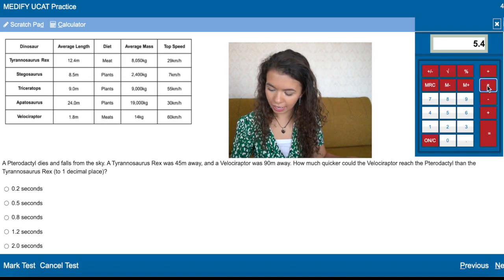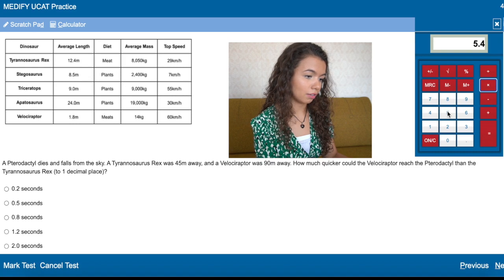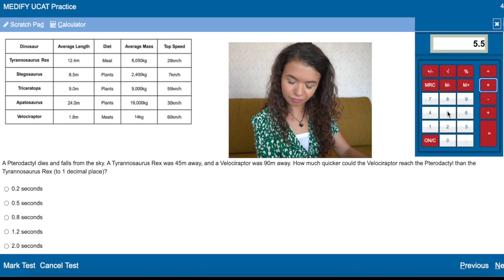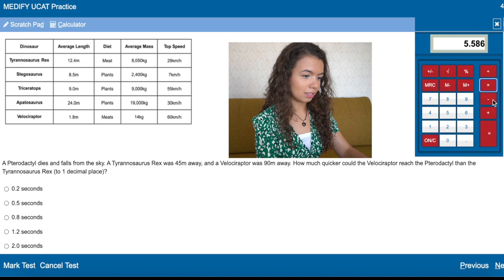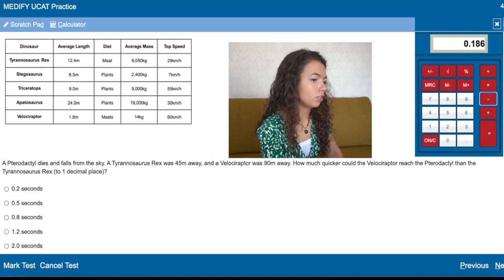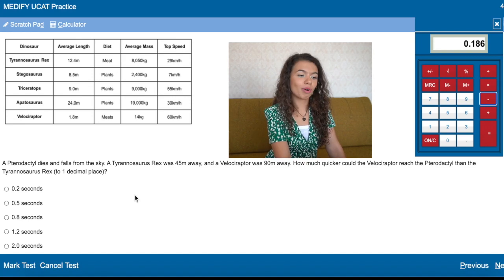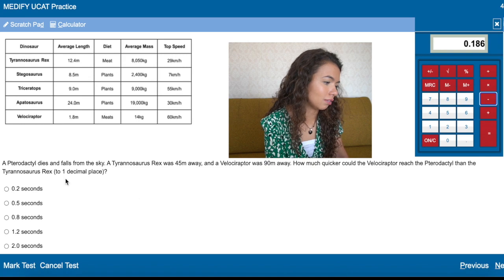Now the first answer we had was 5.586 seconds, so the difference between the two would be 5.586 take away 5.4, which gives you 0.186 of a second. To 1 decimal place would be round up, so I'm going to go with 0.2 seconds.